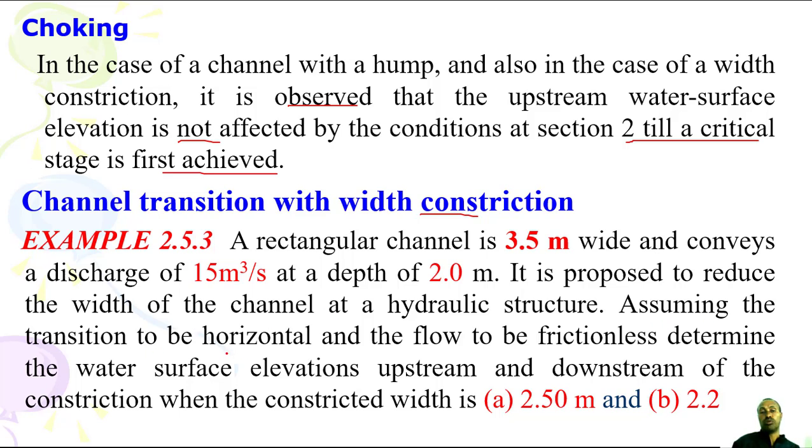Assuming the transition to be horizontal and the flow to be frictionless, determine the water surface elevations upstream and downstream of the constriction when the constricted width is 2.5. From 3.5, if you reduce to 2.5, what will happen? Again, if you reduce more to 2.2, what will happen?